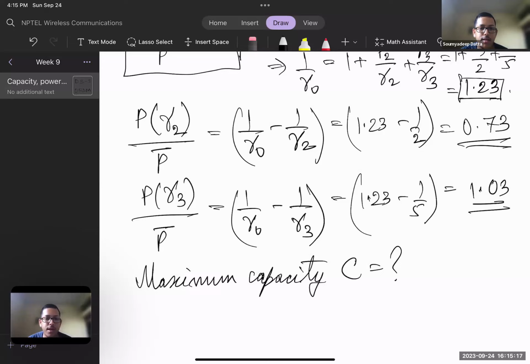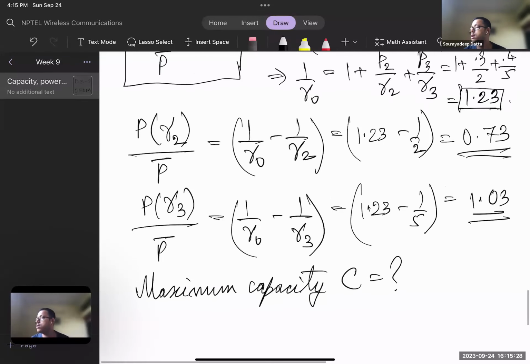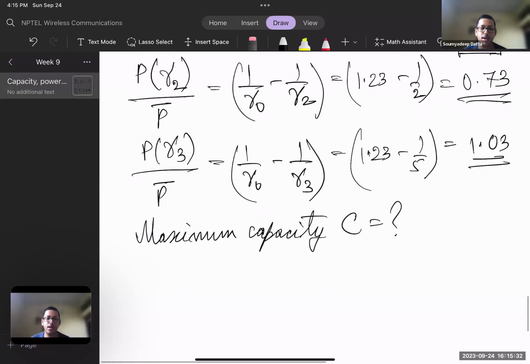Maximum capacity is essentially whatever capacity you achieve with water filling, right? Because the water filling algorithm essentially maximizes capacity. So you already have the solution for maximum capacity. You just have to put it in, right?